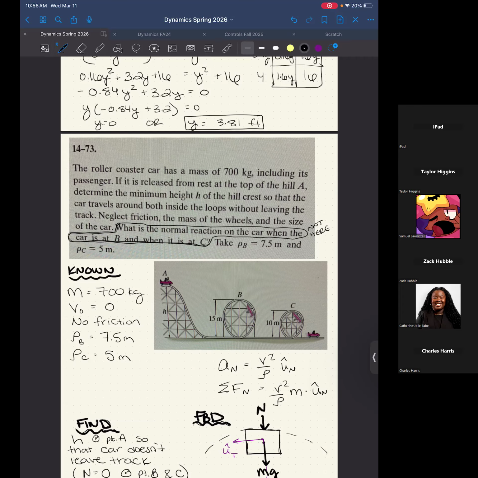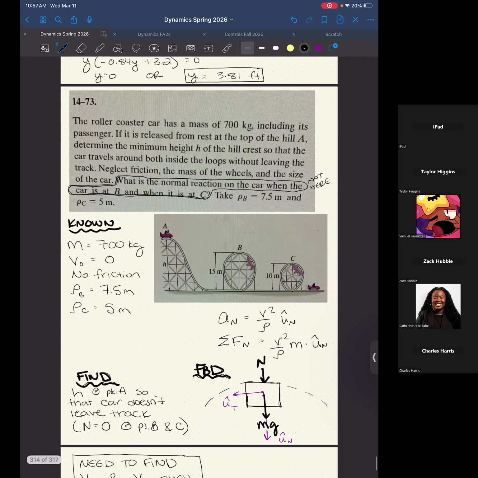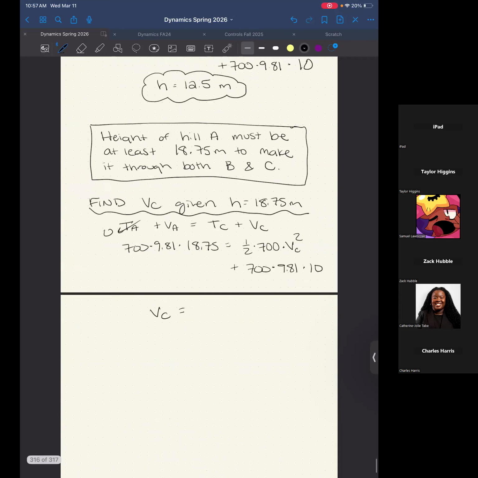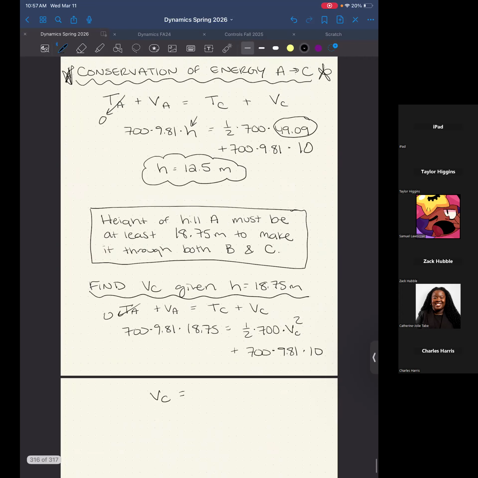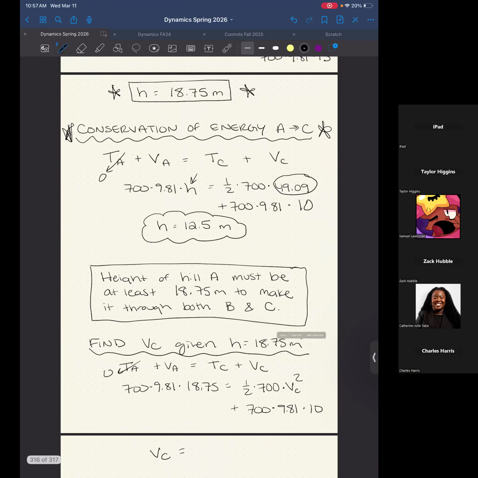I got 17 kilonewtons. Sorry, I think there's actually a bug with the solution guide, so I'm gonna calculate it myself. They appear to have plugged in the wrong number.